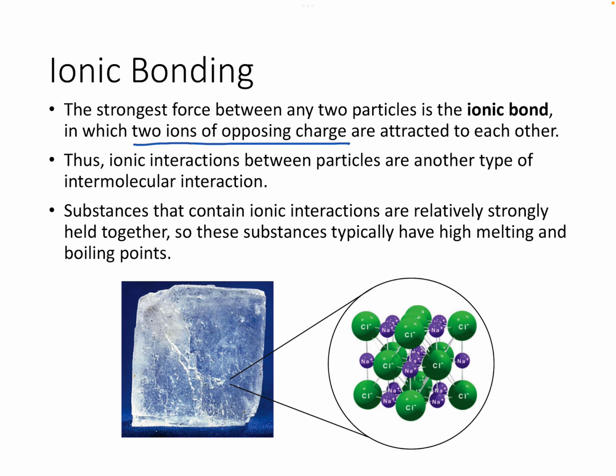And if we could zoom in on one of the crystals from table salt, we would see a crystal lattice where we have alternating chloride ions and sodium ions. So we're not going to focus too much on ionic bonding because we've already talked about it in the past.